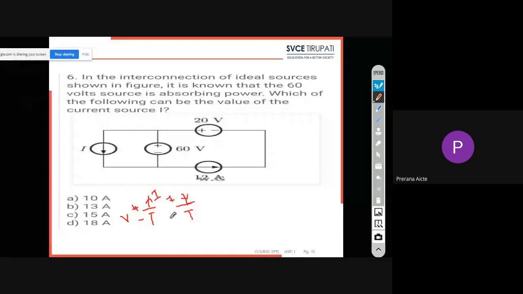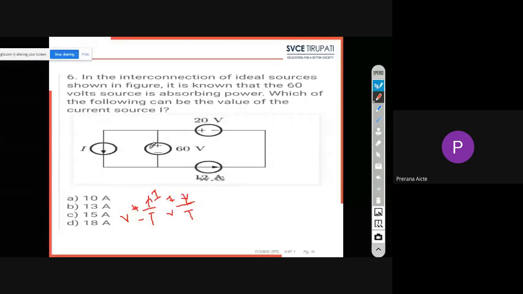So these two things are very important. This voltage source is supplying the power. This voltage source is consuming the power, meaning receiving the power, that means absorbing the power. They have given different current directions, so we need to take what the current direction is here: entering into the plus or leaving from the plus. Here the 60 volt source is absorbing the power.